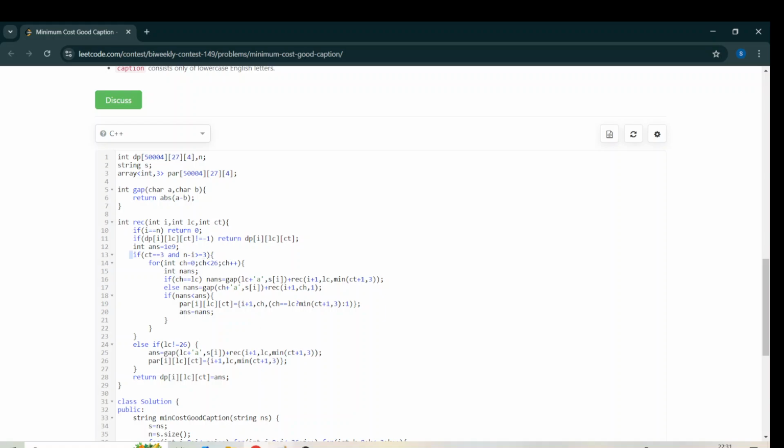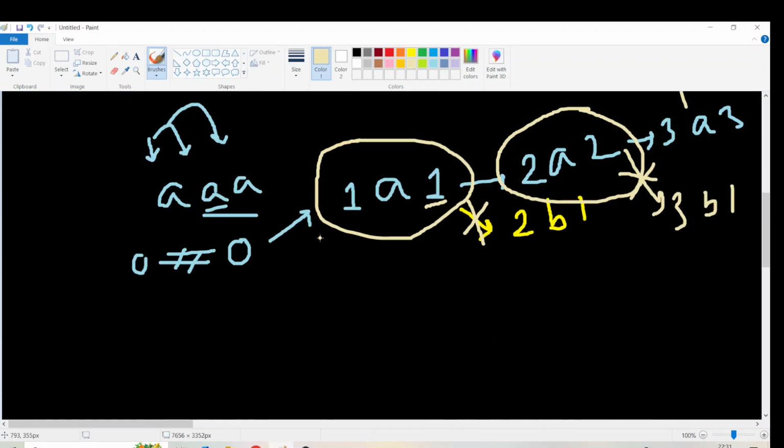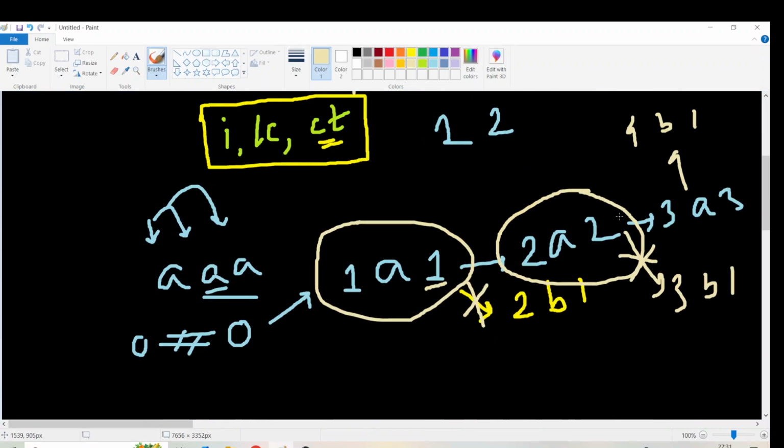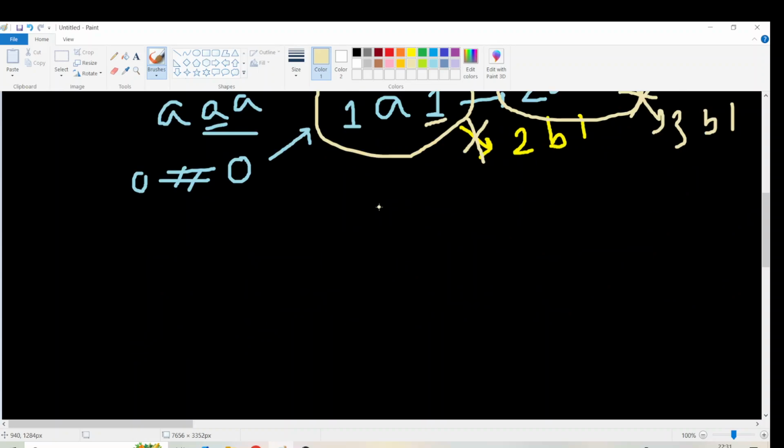So why is it important? I have already told you that we can start a new streak only when our count is 3. This value is 3 only when we can take one new character. And another catch is there. Let's say we have something like AAAZZ.